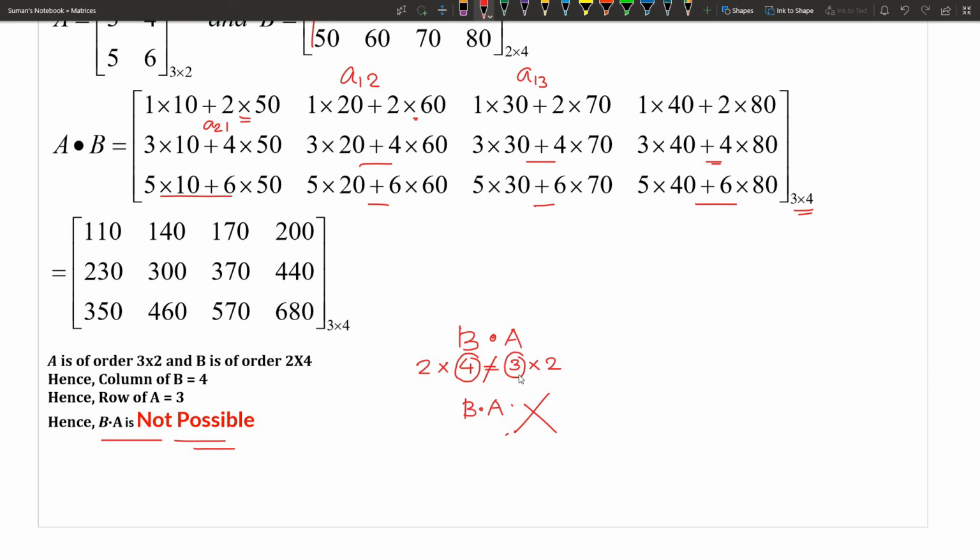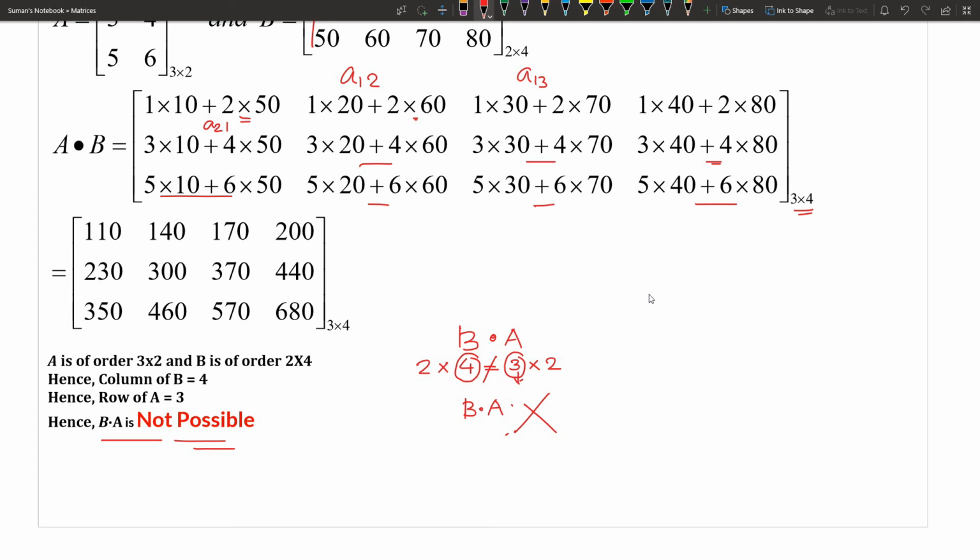So for matrix multiplication, the first matrix's column number has to be equal to the row number of the second matrix, and that is the rule for matrix multiplication of different dimensions or orders.